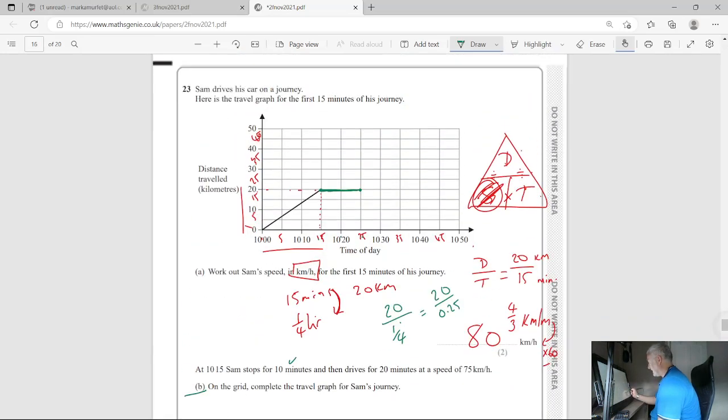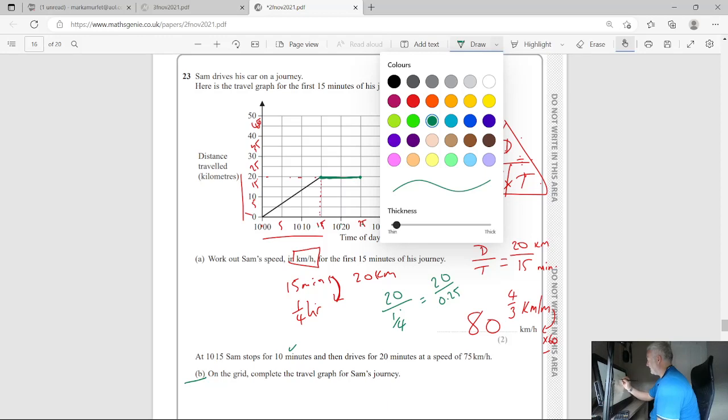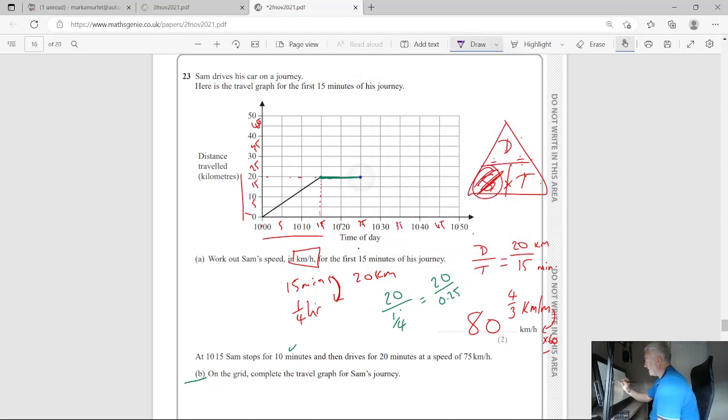So it's a slightly ambiguous question. So let's say we're going 75 kilometers per hour. If he travelled for an hour, he would be going 75 kilometers. So 75 kilometers in 1 hour. Well, what about if he went half an hour? Half an hour, we would have to halve that, divided by 2. We want to do 20 minutes.